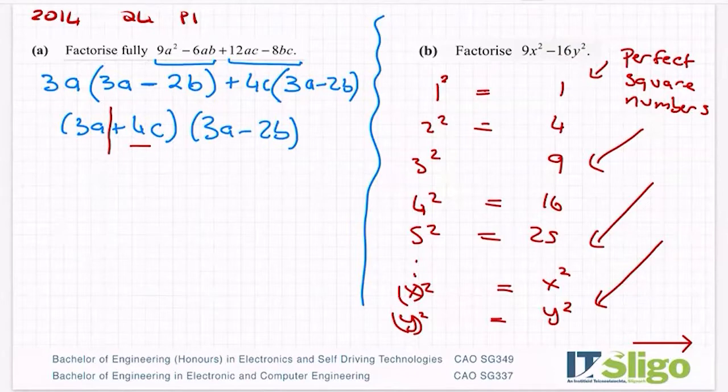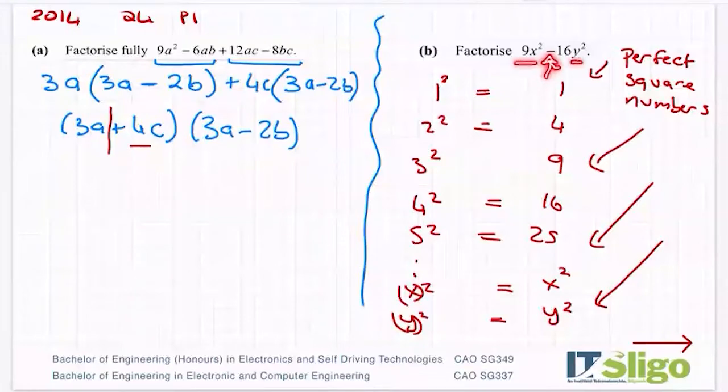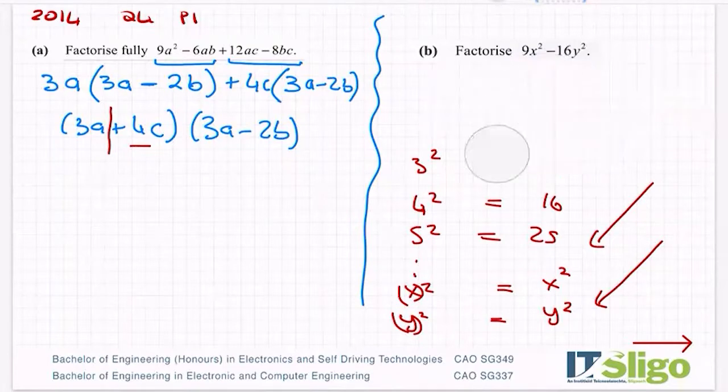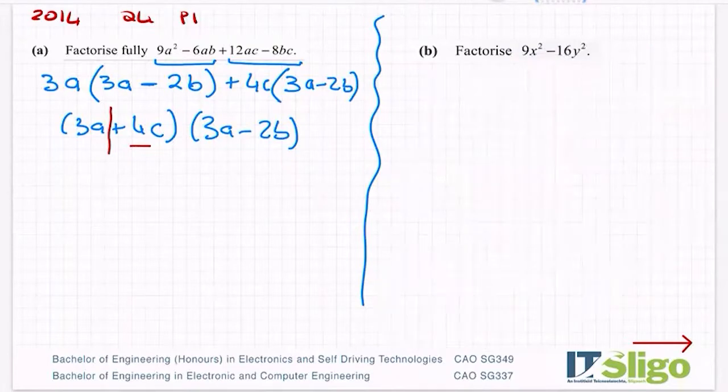Okay, so, and it's the difference, and difference means take away. So it has to be a minus in the middle. That's your first thing you're looking for. And then after you spot the minus in the middle of two terms, you are going, are these perfect squares? So that's your difference of two squares.